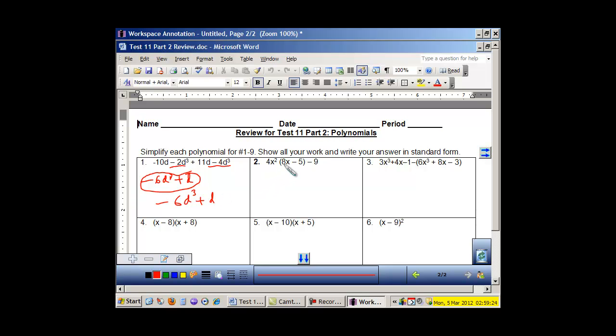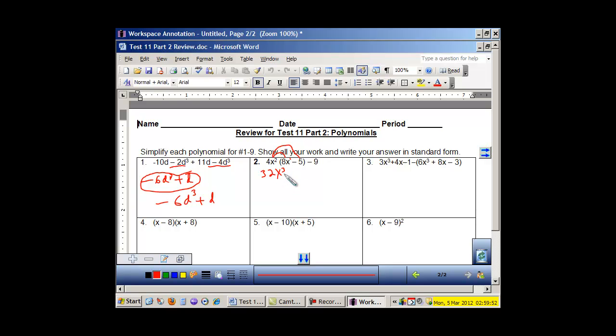Okay, when you have parentheses, you're going to distribute everything inside of the parentheses to everything outside. So 4x squared is going to be distributed to these two terms inside. So 4 times 8 is 32. X squared times x, well, when you multiply, you add the exponents.